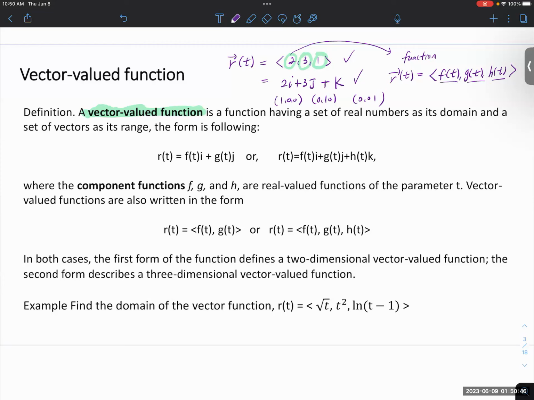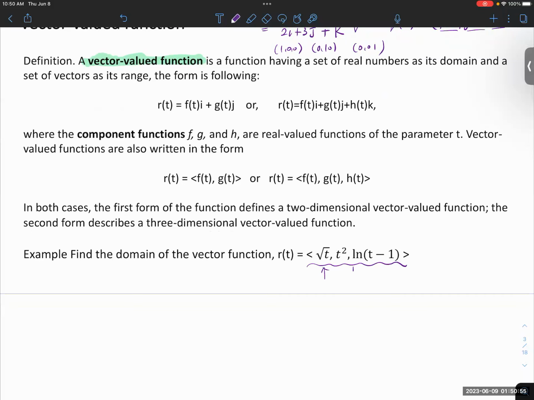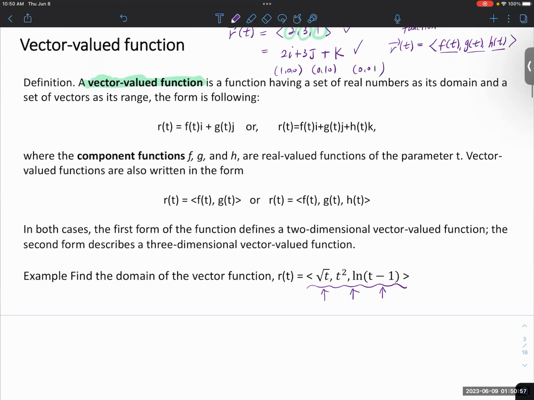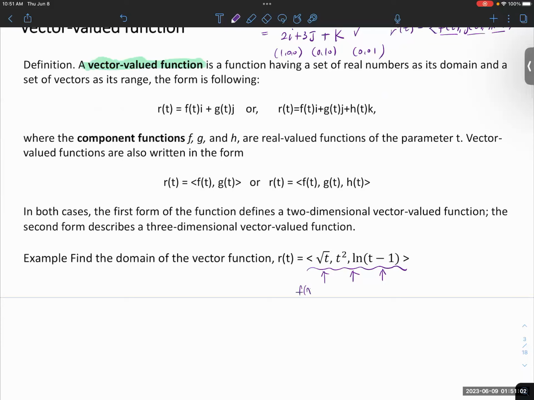So for example, in this vector, it is not just a vector, it is specifically a vector valued function because your three components are changing depending on the t variable. The first component is f of t equal to radical t. The second component is also a function, t squared. And the third component is changing depending on the t.